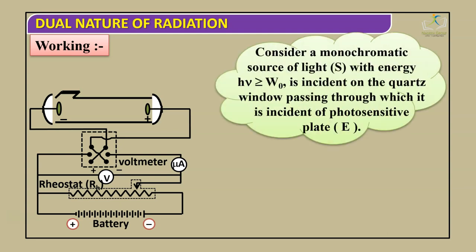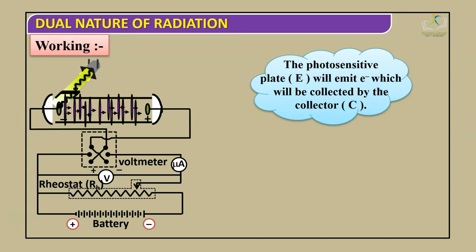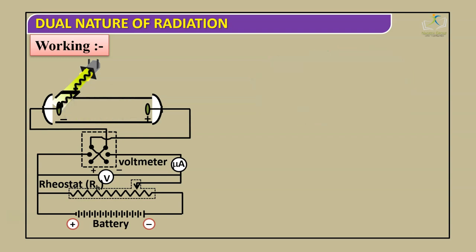Consider a monochromatic source of light S with energy h nu naught, which is greater than W naught, incident on a quartz window, passing through which it is incident on a photosensitive plate E. The photosensitive plate E will emit electrons, which will be collected by the collector.